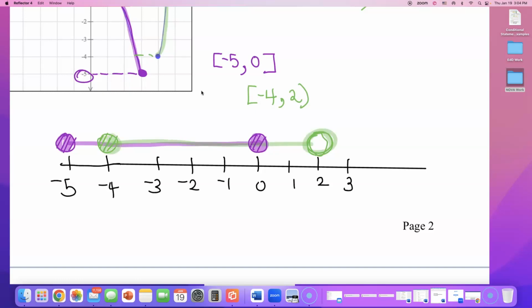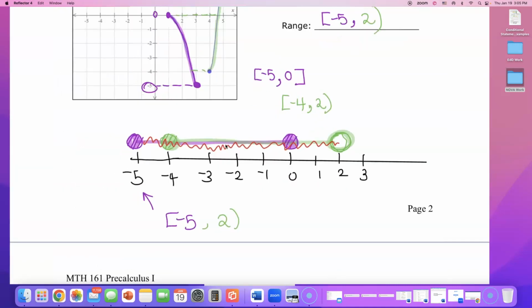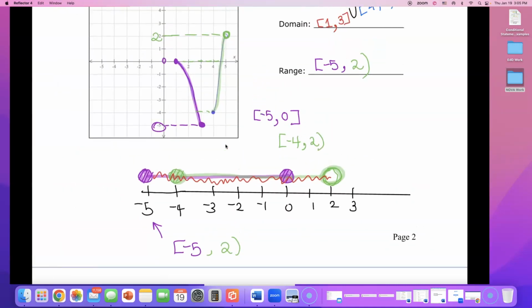See? You notice how the purple and the green overlap over here? So if you look at it just from how far to the left, it starts from -5 and it keeps on going, but then it stops at 2 there, right? So that's why the range of this piecewise function is a single interval, because they have this overlapping interval, okay?